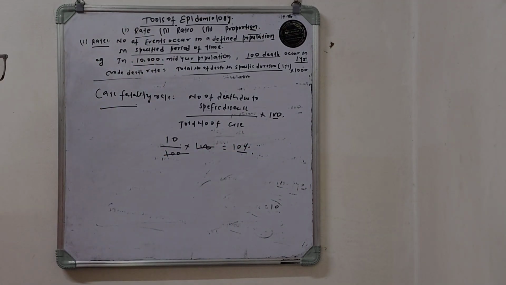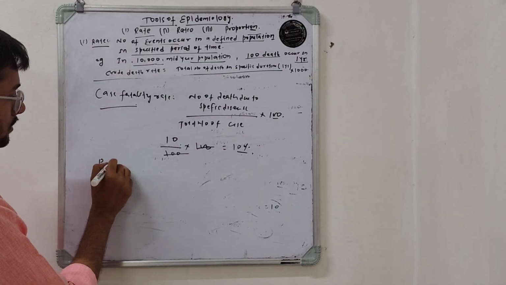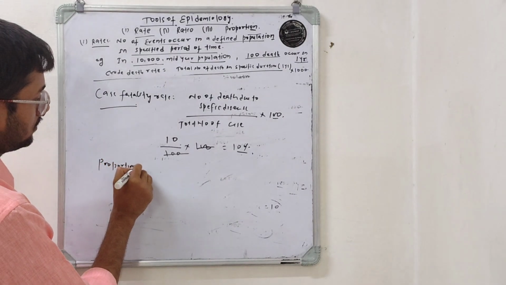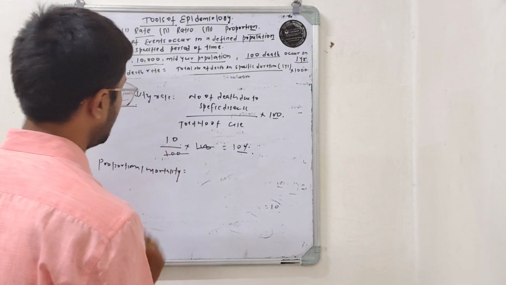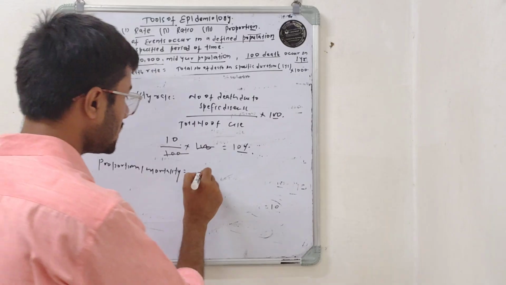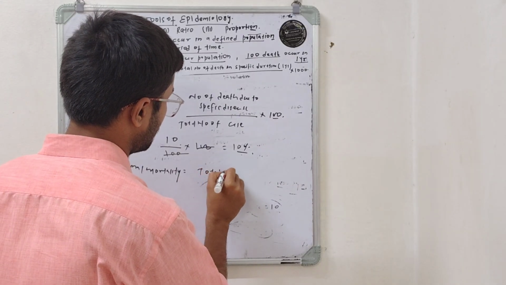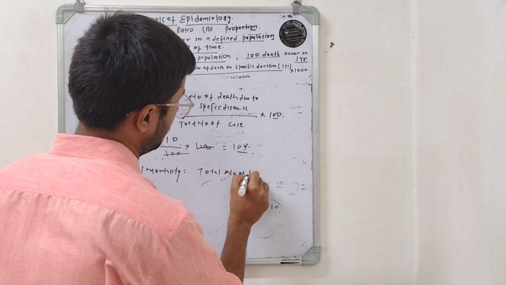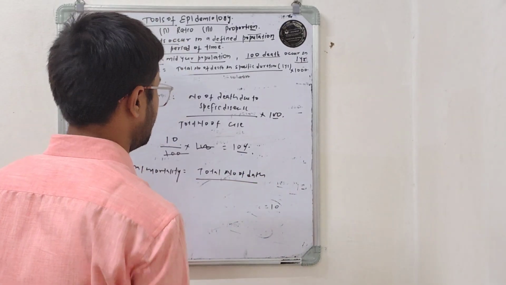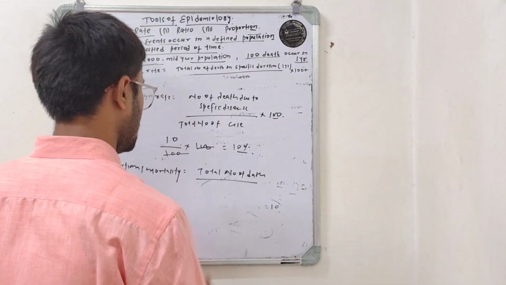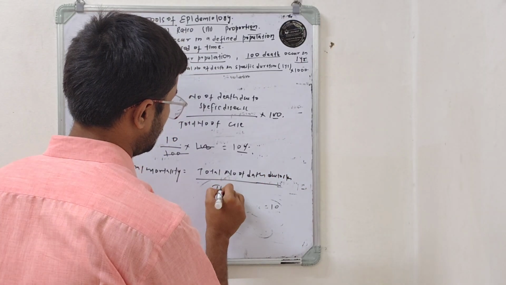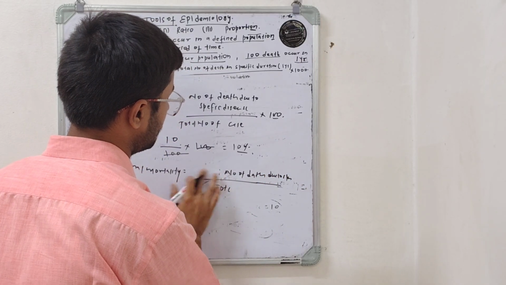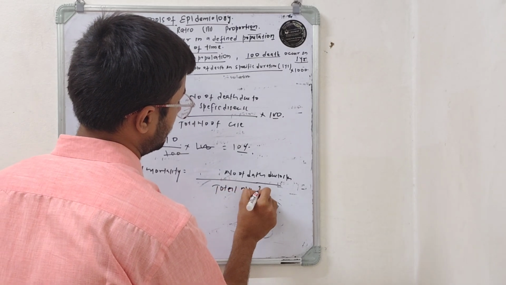One more important formula is the proportional mortality rate. What do we calculate in the proportional mortality rate? Here we write the total number of deaths due to a specific disease upon the total number of deaths.